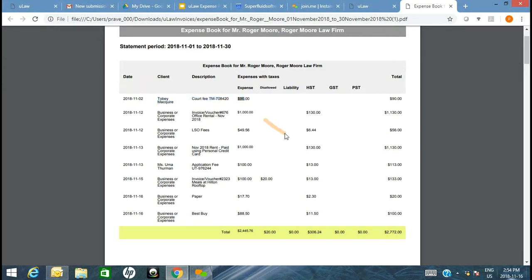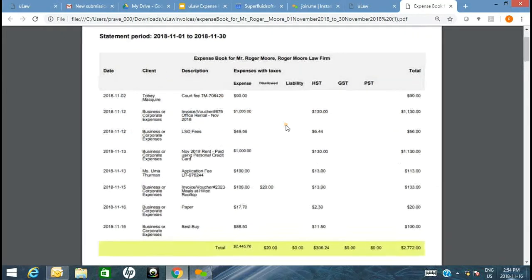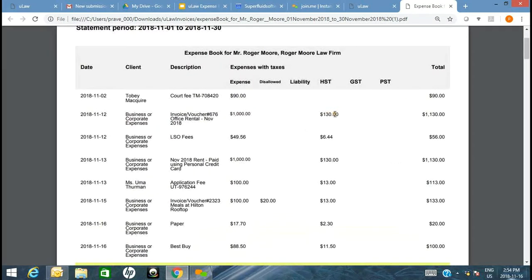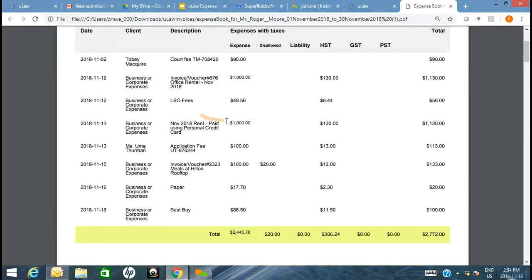So there's a court fee that was paid for, $90. No taxes. But if you look at our example, we had our office rental of $1,130. It divides up the total amount and the taxes. Very important. And there's other fees as well. You've got the monthly LSO fees that was sent out.